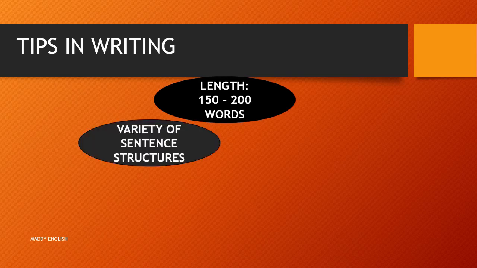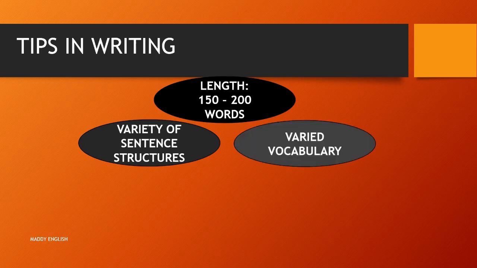Make sure you have varieties of sentence structures. Try to make use of and understand how parts of speech work in a sentence. Varied vocabularies. You need to demonstrate you know different vocabularies through presenting the trend words, and make sure the trend words are appropriate and suitable for the trend.